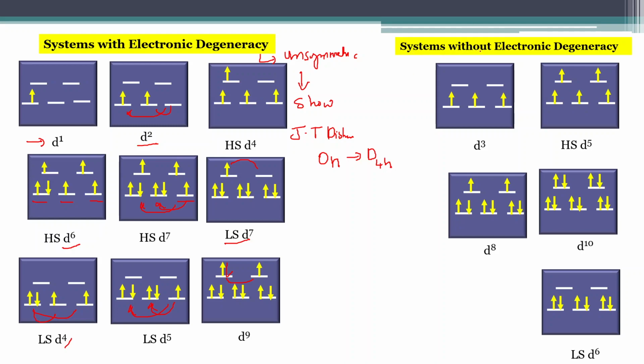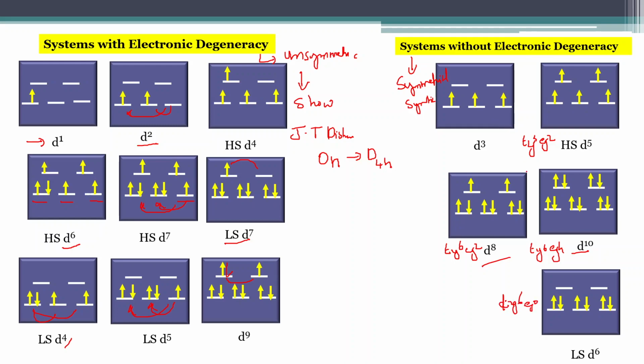The systems without electronic degeneracy are all symmetrical systems, that is, the electrons are arranged in a symmetrical way. You can see the 3 electrons in the t2g, 5 electrons arranged in the manner t2g3 eg2, the d8 configuration, t2g6 eg2, d10, that is t2g6 eg4, and the low spin d6 configuration t2g6 eg0.